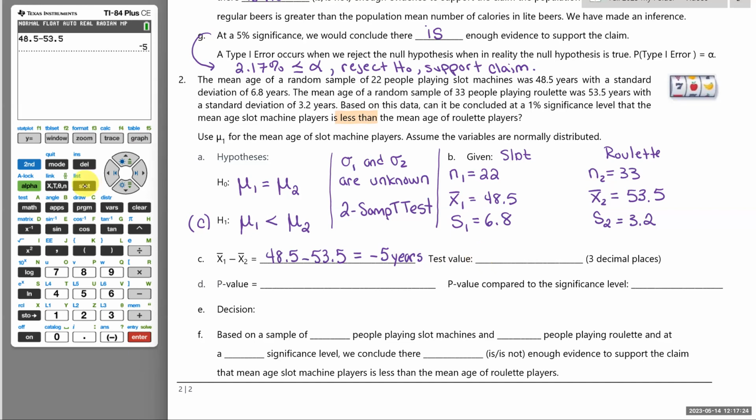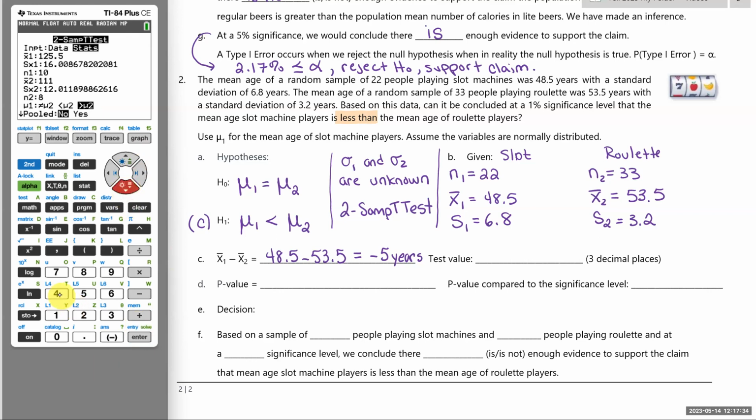All right, so the calculator is going to help us out there. So STAT, TESTS, 2-SampTTest. And now we don't have data, we have the statistics. So we just have to be careful to enter things in the correct order here. So x1 bar, x bar 48.5, the sample standard deviation for my first population 6.8, n1 was 22, and then 53.5 as the average for my roulette players, 3.2 was their standard deviation, and that sample size was 33.